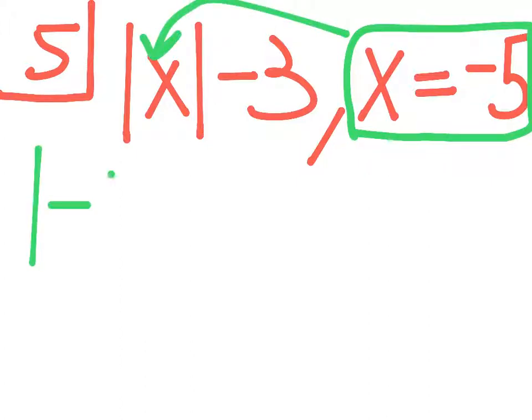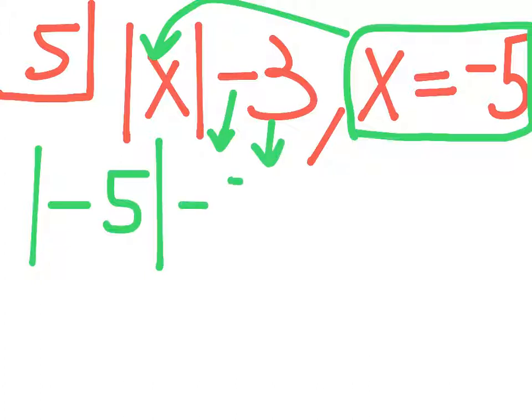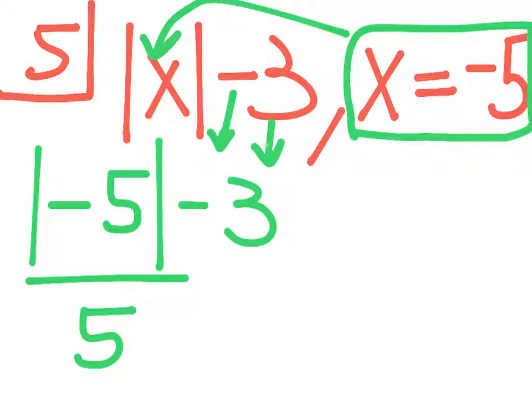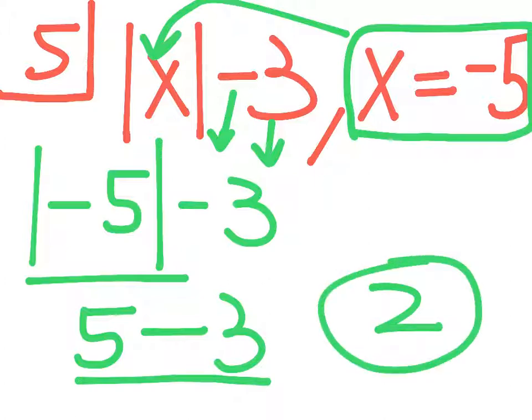Instead of writing x, I write what x is now equal to, which is negative 5, and then I continue to write down the rest of the problem, minus 3. And then all we're doing is solving. So parentheses first, absolute value of negative 5 is positive 5, and then again drop down my minus 3. Then that step becomes pretty easy. 5 minus 3 is 2. Alright, that is it. Good luck with the homework.